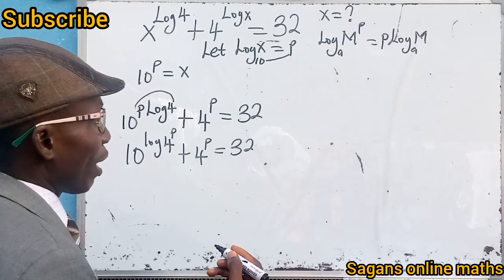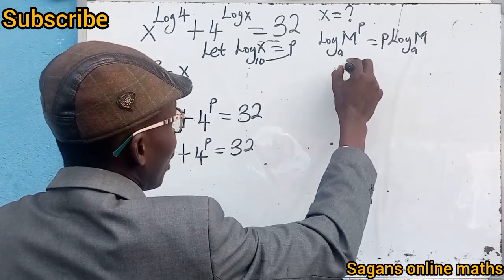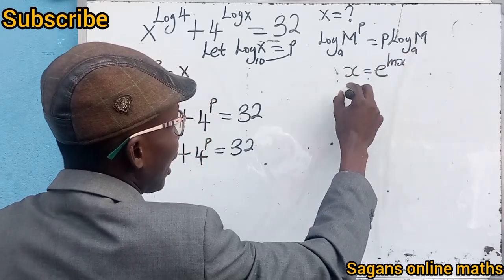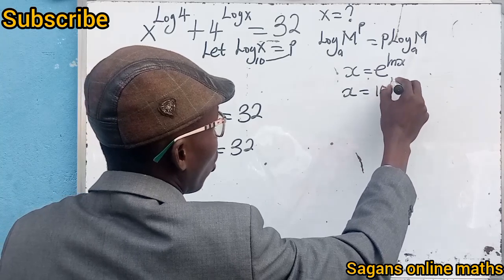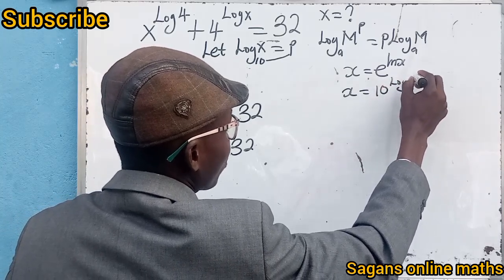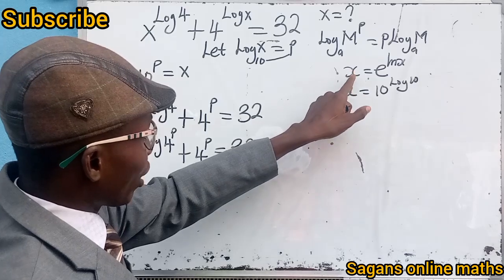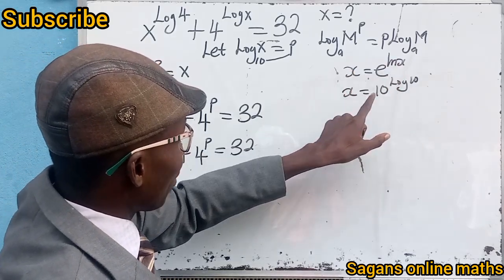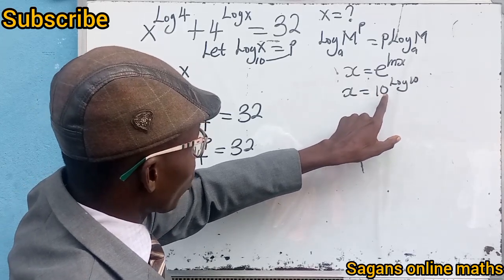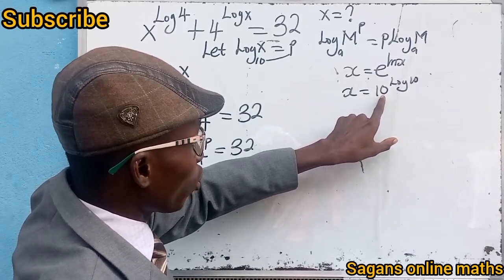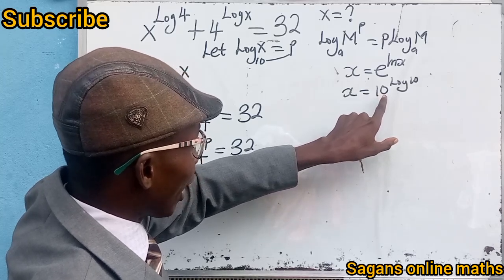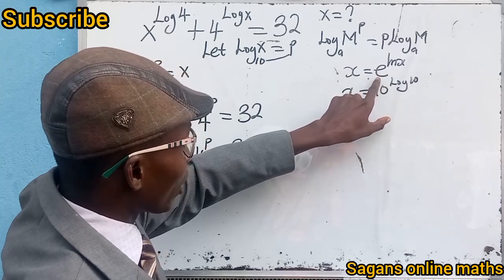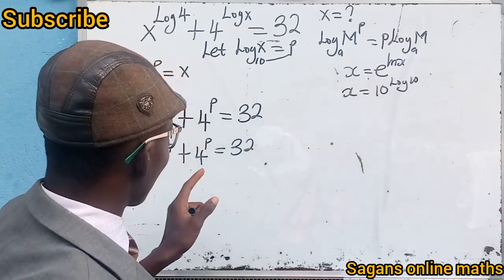And again, if s is equal to e raised to the power of ln s, for natural logarithm, that means s equals 10 raised to the power of log 10. Natural logarithms are always in base e, and this e has a constant value, while ordinary logarithms are always in base 10. So we use this to compare, because we are going to do something very important here.